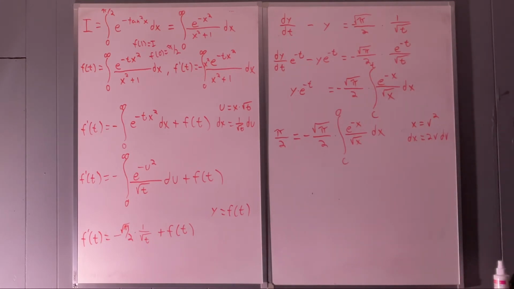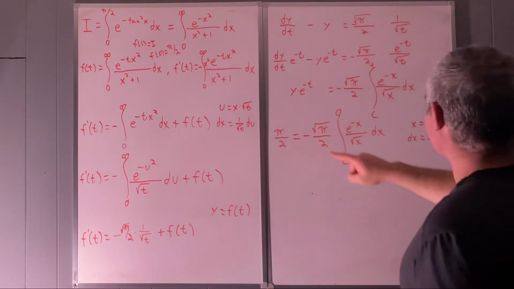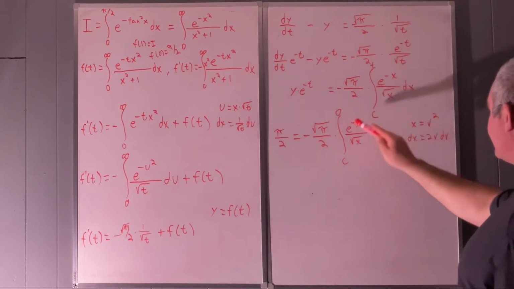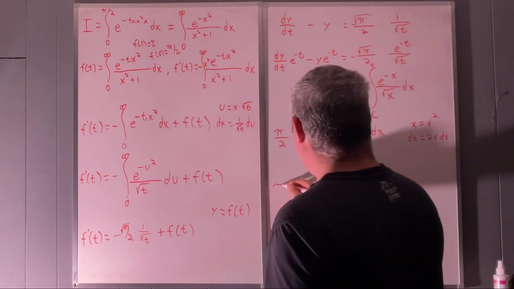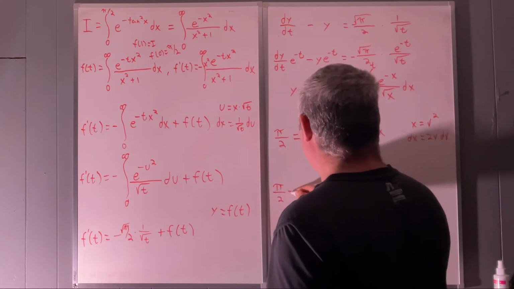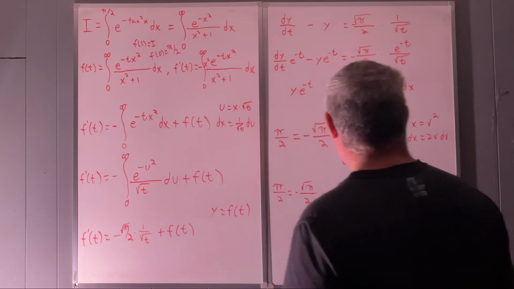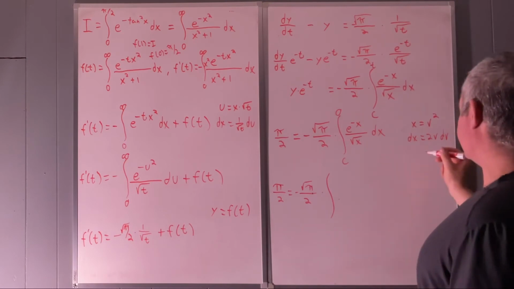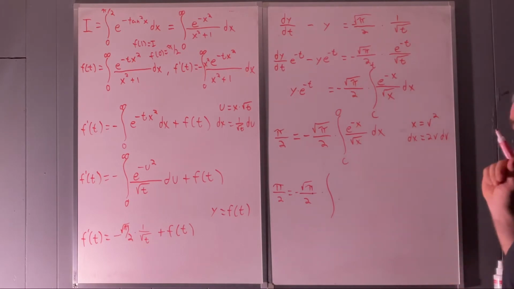Let's make sure I've done everything right up to this point. We were plugging in 0. That'll give us pi over 2. That part remains unchanged. The c stays. T goes to 0. This remains unchanged. Now we're going to make that substitution. So now we have pi over 2 being equal to negative square root of pi over 2 times the integral from, v is equal to the square root of x, so we're going to have the square root of c.